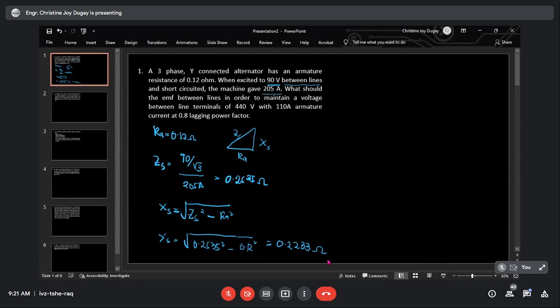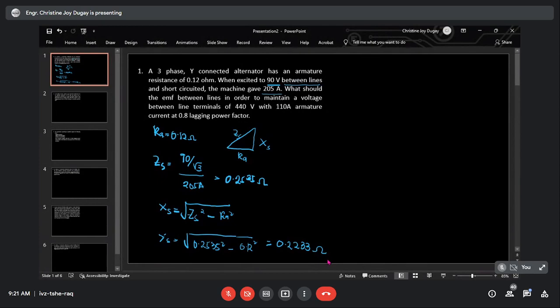So since line voltage ang hinahanap, we also need to find for the phase voltage. Pero ano nga ba yung hahanapin po natin? EA, ma'am. EA, or that is the E phase, no?